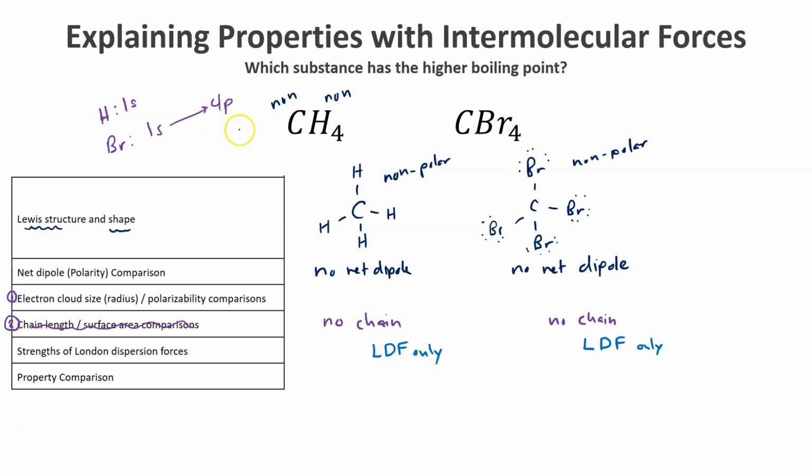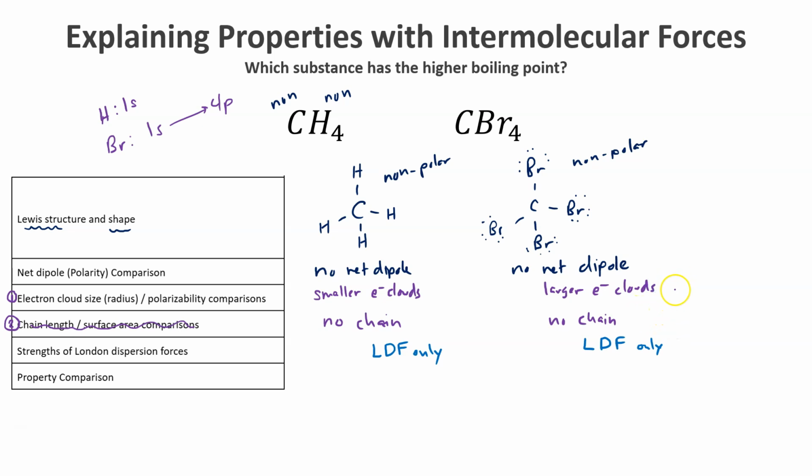So very high energy level. Bromine is much farther down on the periodic table. All of these things tell you that the CH4, specifically the hydrogens in the CH4, are much smaller electron clouds, whereas the CBr4, specifically the bromines, have a much larger set of electron clouds.